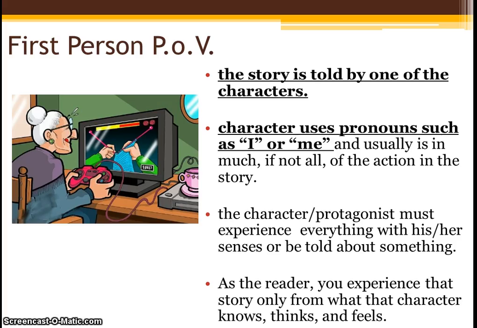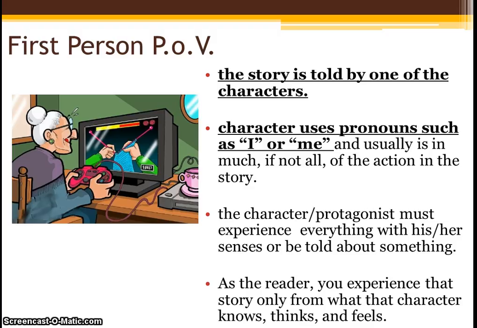First, we're going to talk about first person point of view. In first person point of view, the story is told by one of the characters. So it's somebody actually in the story. And the best way we can figure out this type of point of view is by looking at the pronouns. In this case, the character uses pronouns such as I or me, and is usually in much, if not all, of the action in the story.